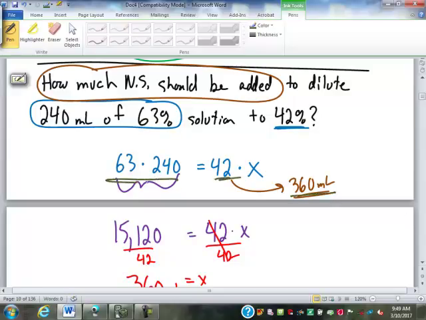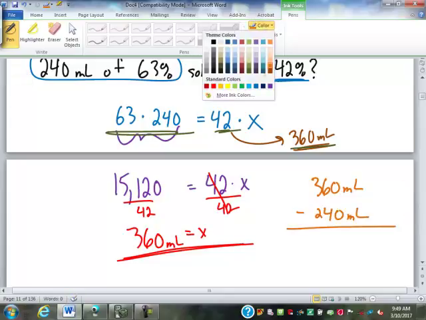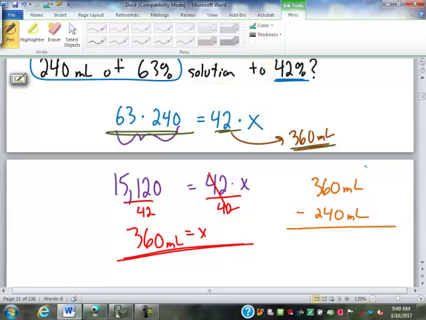The 63% solution was only 240 milliliters. The difference has to be made up with the saline. So we subtract there: 360 minus 240 is 120 milliliters of NS. So that's our answer for that one.